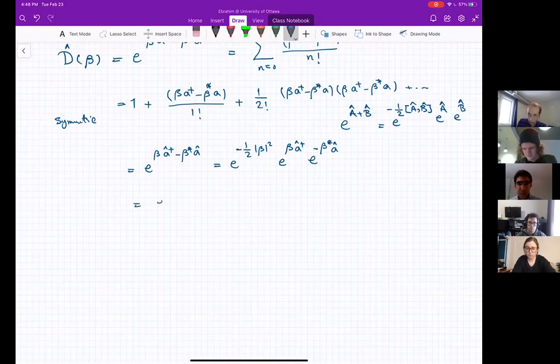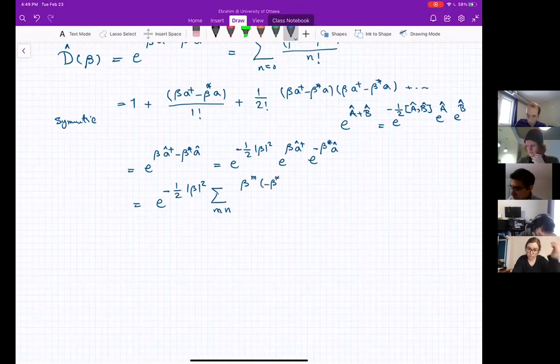And let's do the expansion, e^(−1/2 β²). Then that is a summation. For the first one, I can do the expansion on m, and the second one on n. Then I will get β^m (−β*)^n divided by m factorial n factorial.